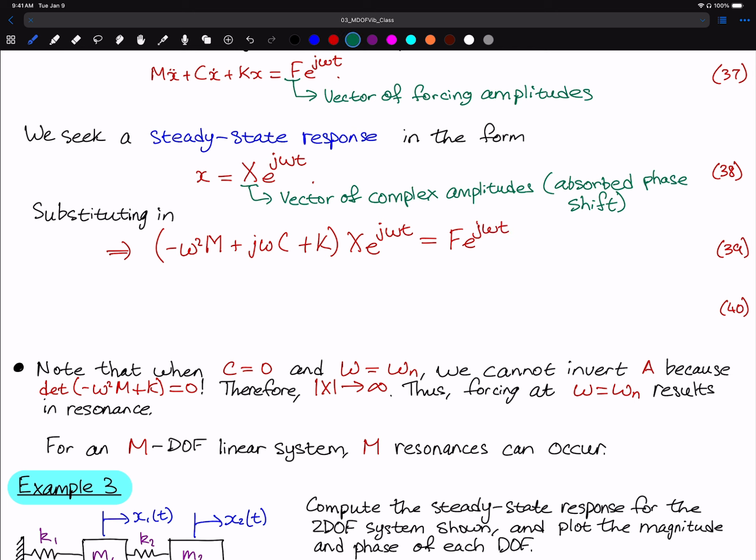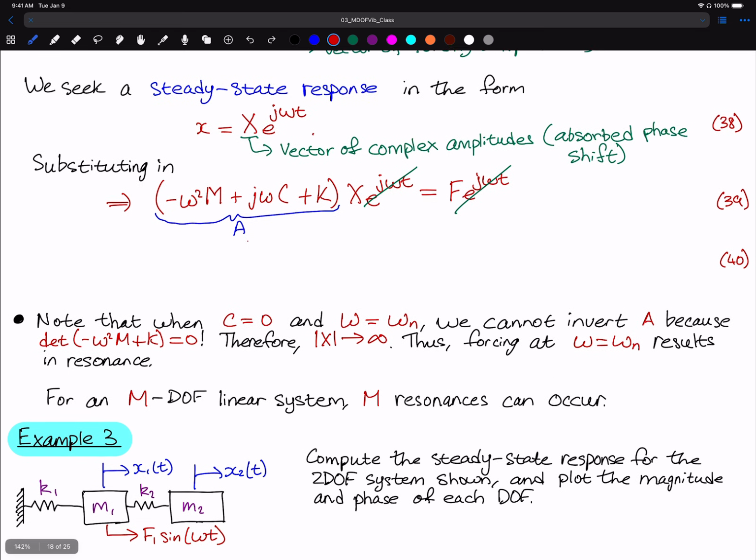You can eliminate the e to the j omega t, assuming there's only a single frequency. And then we're going to call this matrix inside the parentheses A, and we'll use that in a moment. Actually, no, I'm wrong. We are going to need this A.